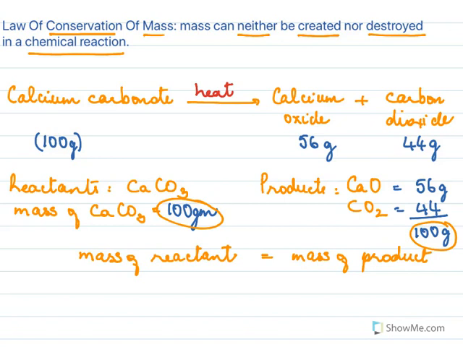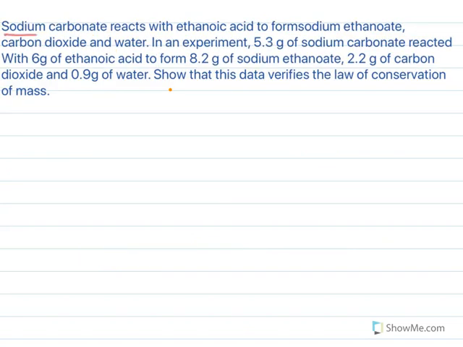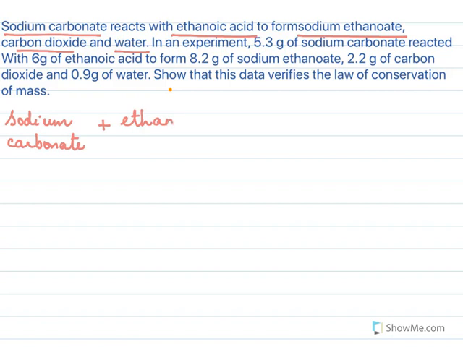For the next, sodium carbonate reacts with ethanoic acid to form sodium ethanoate, carbon dioxide and water. So let's write this out. So we have sodium carbonate. This sodium carbonate reacts with ethanoic acid and then it forms the product.